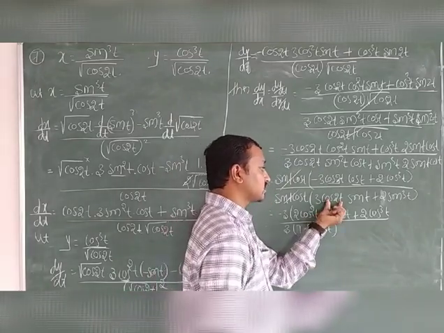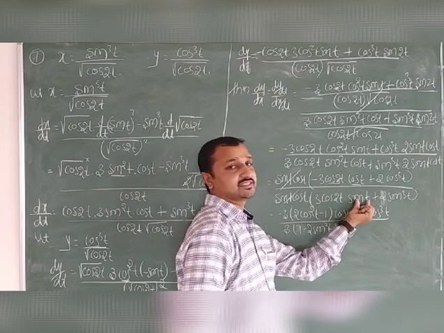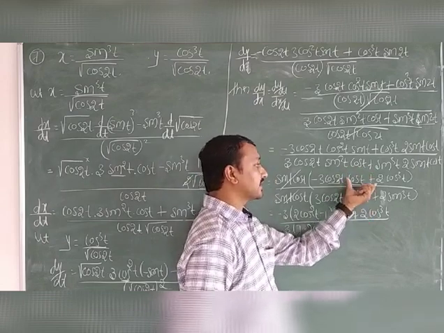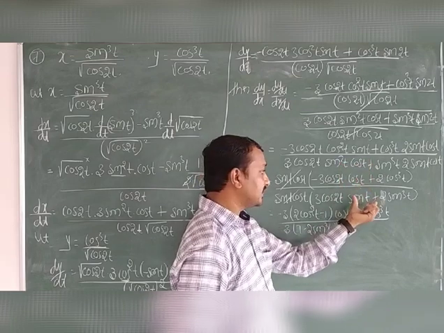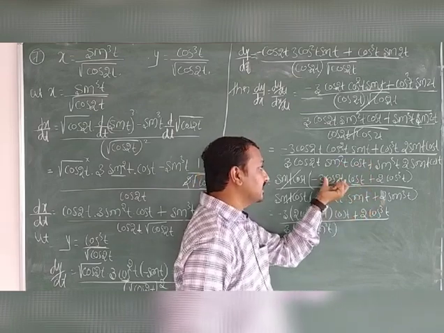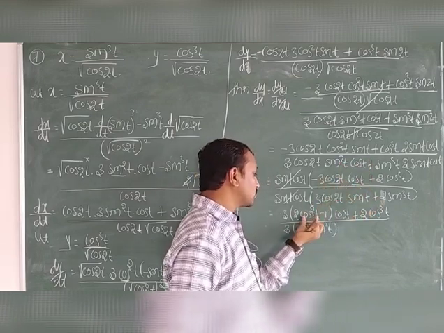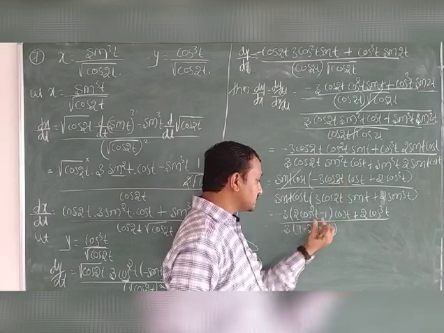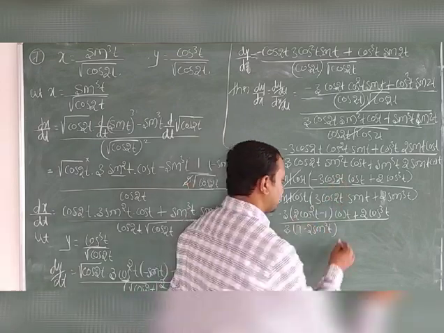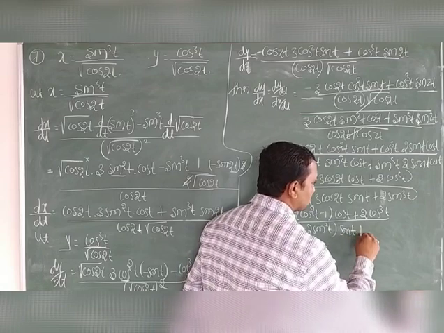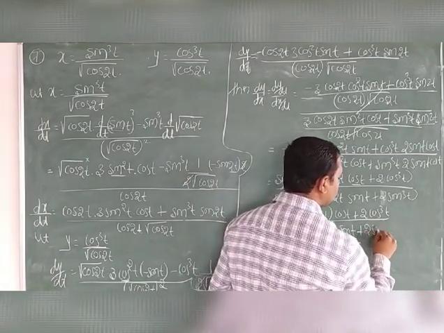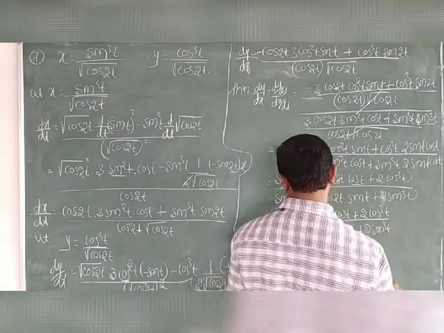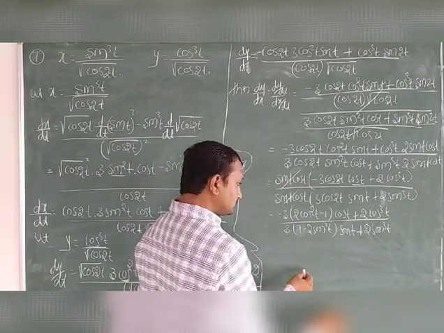Because here the cos 2t is there, here the sin term is there. So the numerator contains a cos term, the denominator contains a sin term. That's why I can take here cos 2t as 2 cos square t minus 1, and here cos 2t as 1 minus 2 sin square t. So sin t as it is plus 2 sin t. Okay.